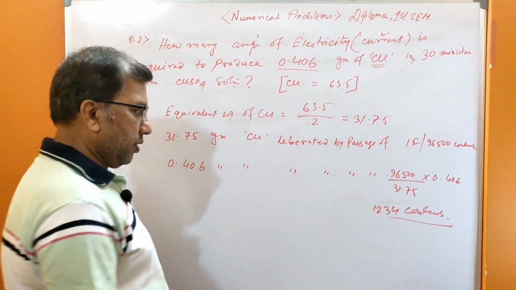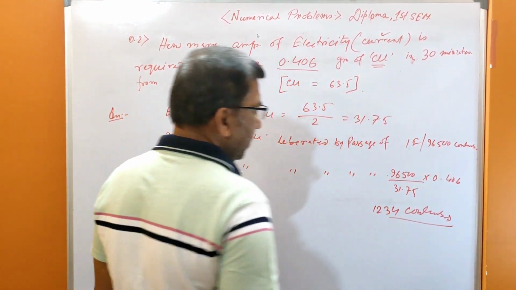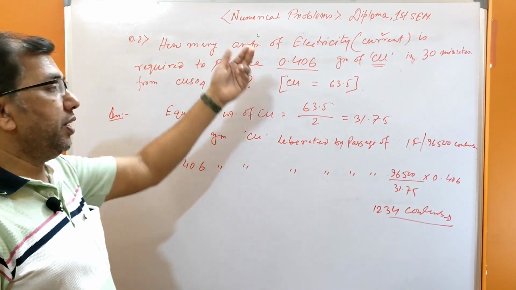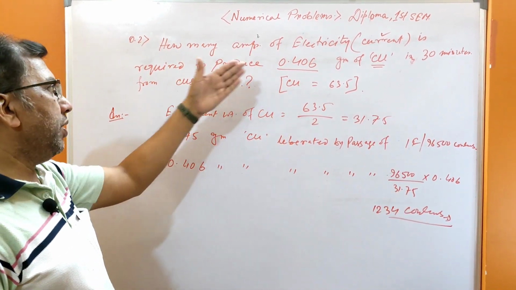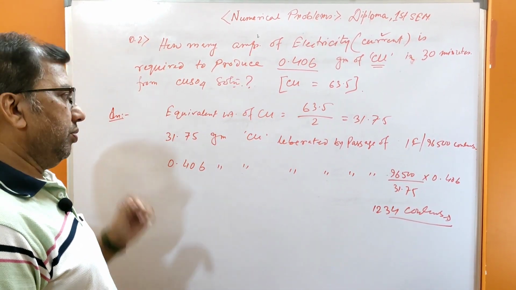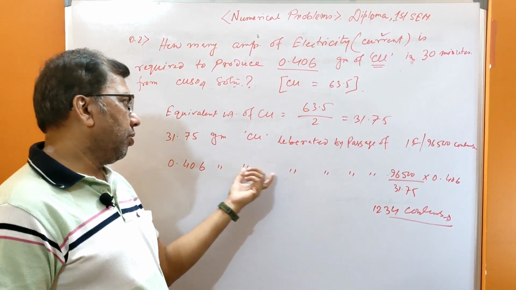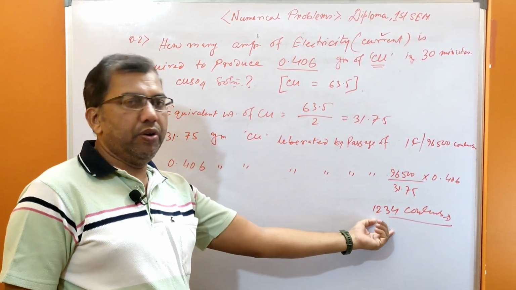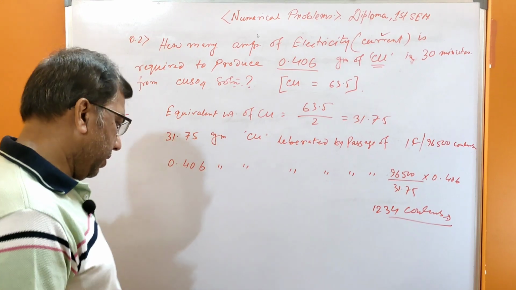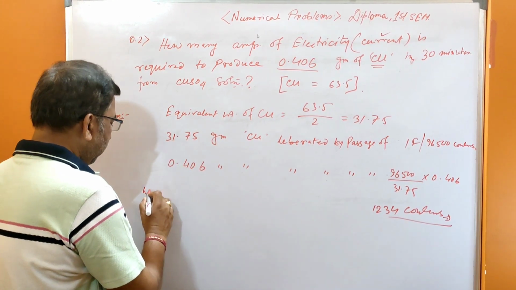At this many coulombs, passage of this coulomb, how many amperes of current? And this many grams of copper are liberated by the passage of that coulomb. So what is the relation?